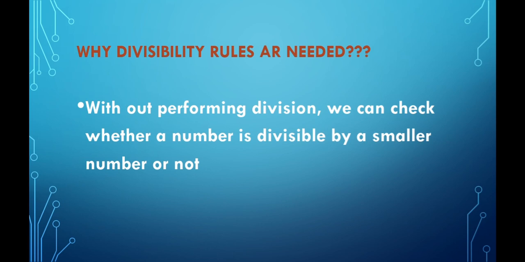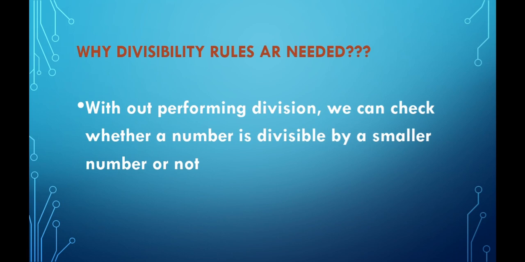In case of complex mathematics, or sometimes in case of factorization or LCM, HCF, or any kind of big complex division, you have to know these rules. These are very important.